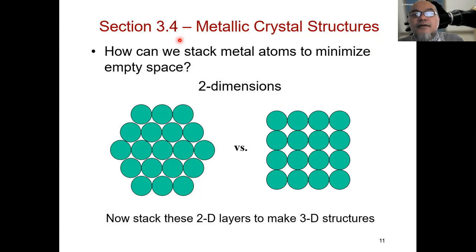And then in the case of solid state, it is often that the metal atoms, for example in a metallic material, try to minimize the empty space between them.